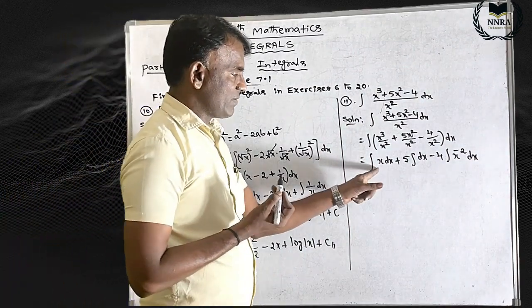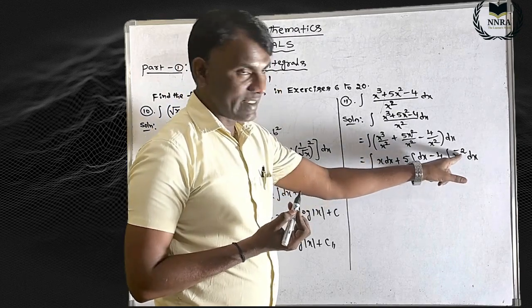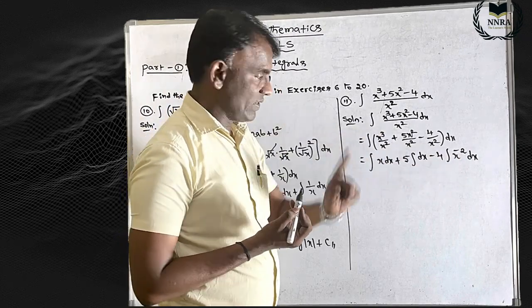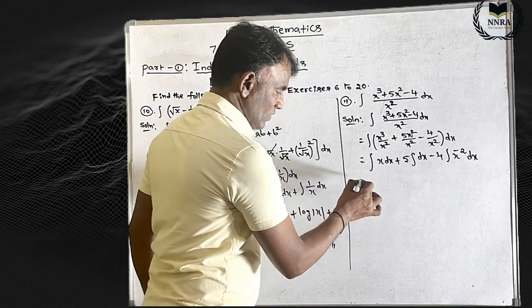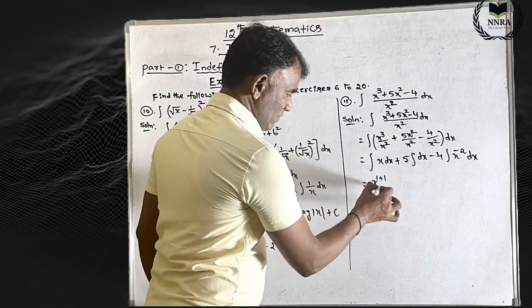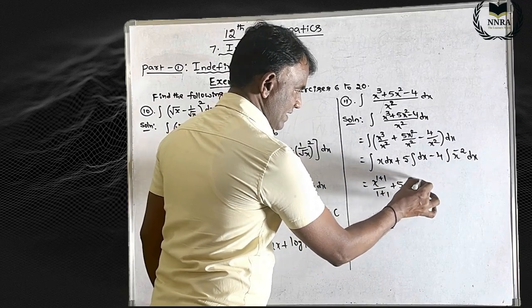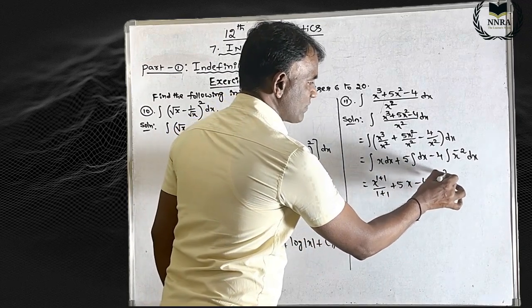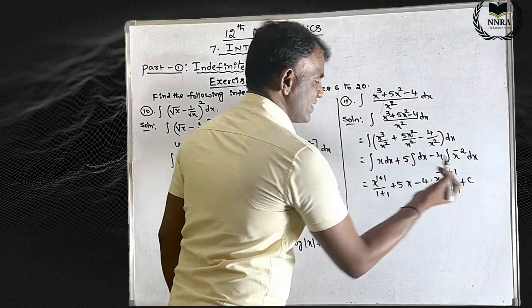Now this is x power n formula, but n equal to 1. And this is also x power n formula, but n equal to minus 2. And it is integral dx, x direct formula, right? Then how to write it? X power 1 plus 1 by 1 plus 1. 5 into integral dx means x minus 4. X power minus 2 plus 1 by minus 2 plus 1, then constant. You see?